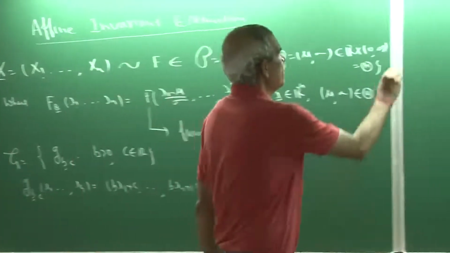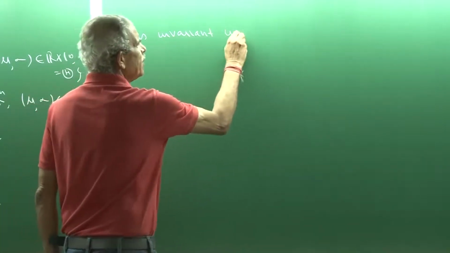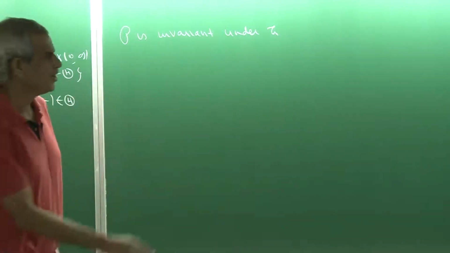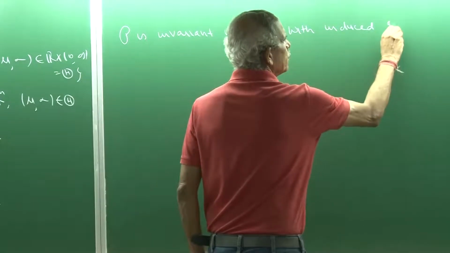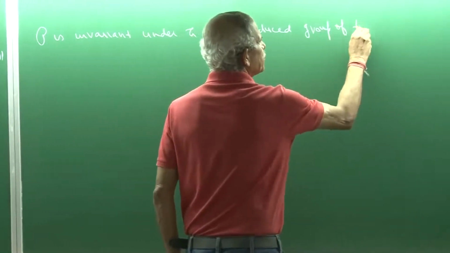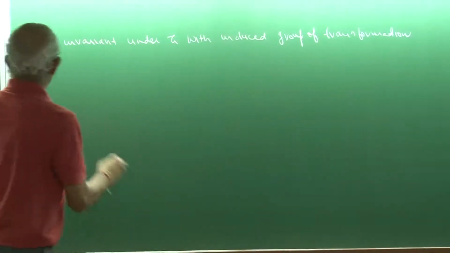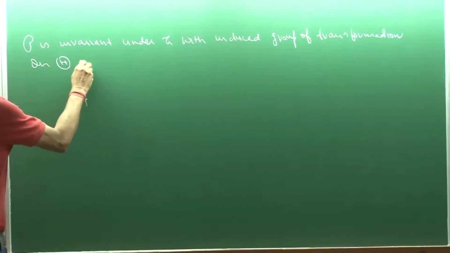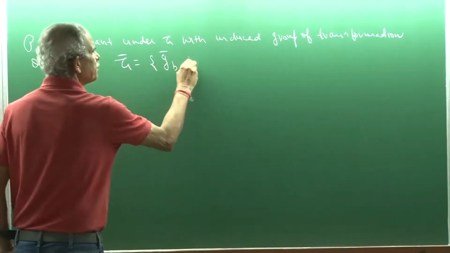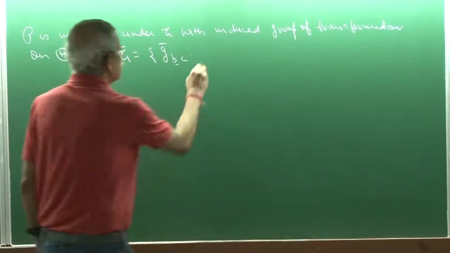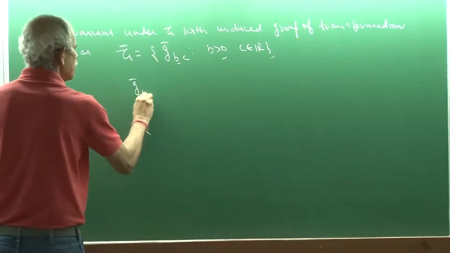So what we know is that the family is invariant under G, with the induced group of transformations on the parameter space G bar, which is the collection of all those G bar_bc such that b is positive and c is in R. And what is G bar_bc of (mu, sigma)?